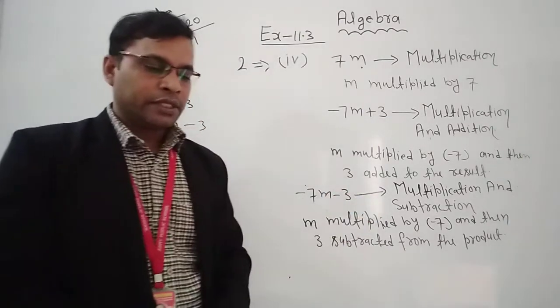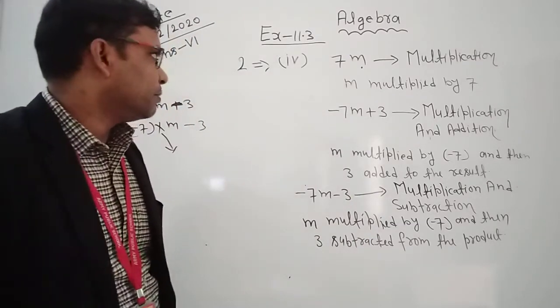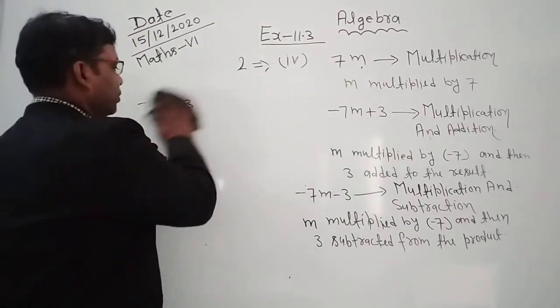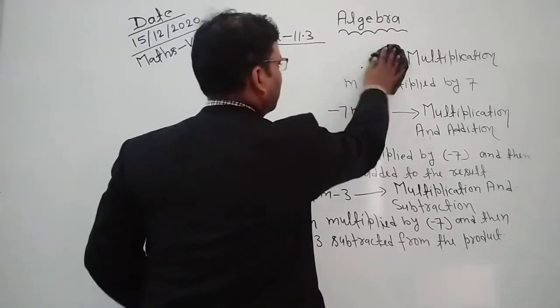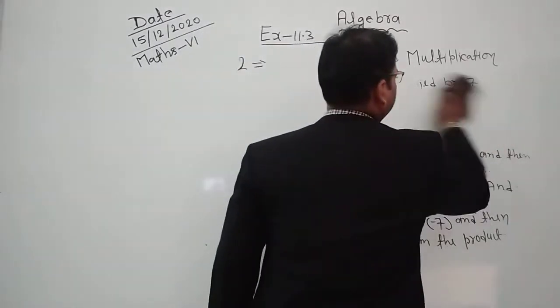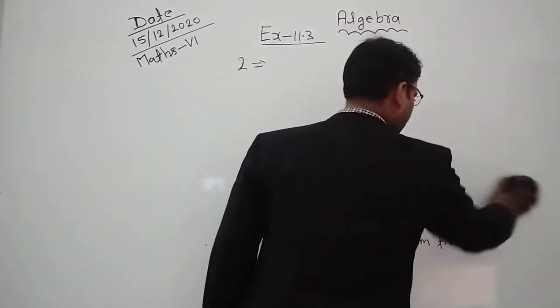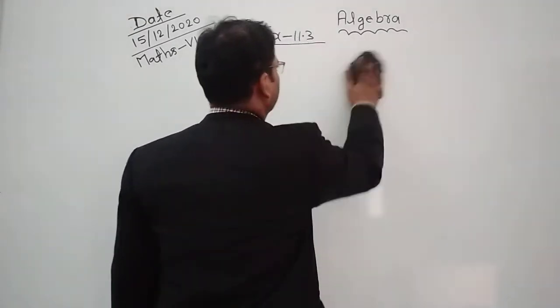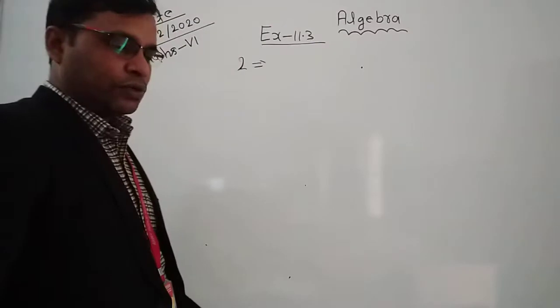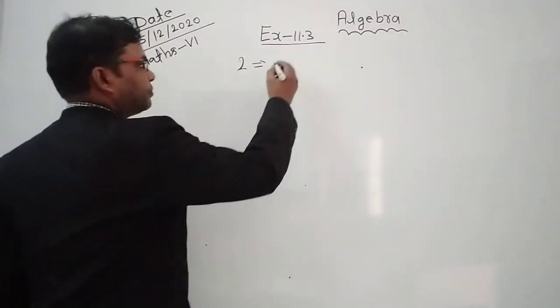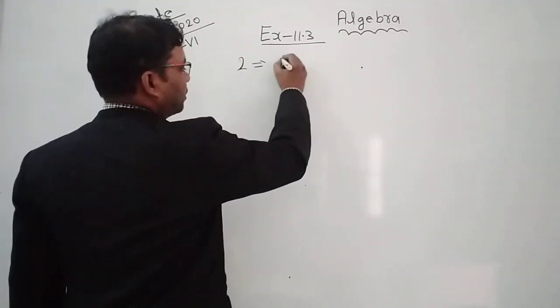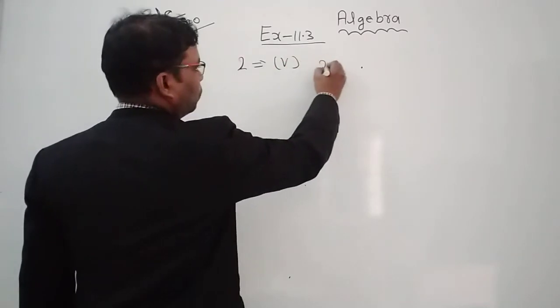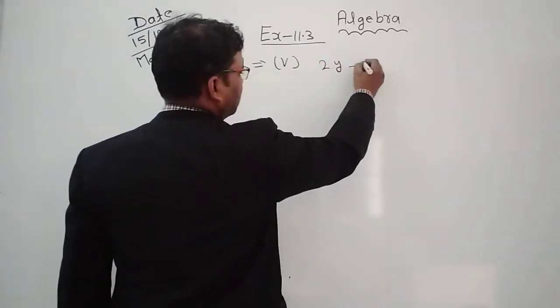Clear? Now the next part of question number 2 is the fifth part: 2y minus 5.